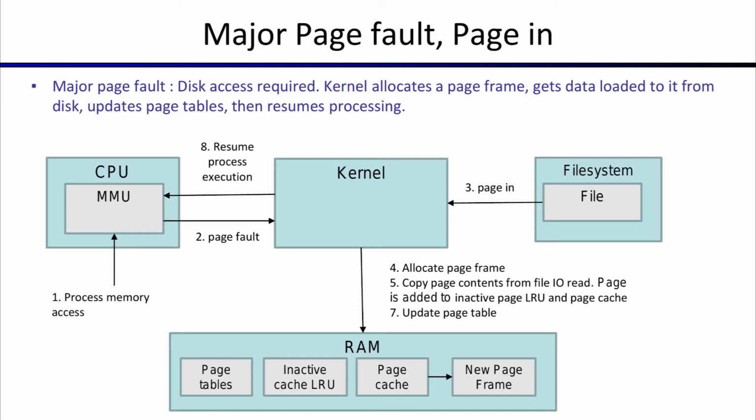It will get it back into the inactive cache list. And it will also then update the page tables with the address of the page frame and give back the processing to the CPU so the CPU can execute again, and the next time the instruction will pass through because the page is actually available now.